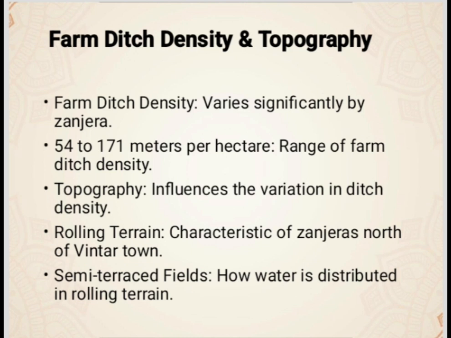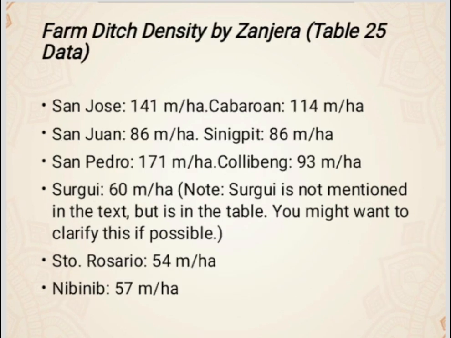So next is the farm ditch density by Zanzara, Table 25 data. So in this slide, San Jose has 141 meters per hectare, Cabarroan 114 meters per hectare, San Juan 86 meters per hectare, Sinigpet 86 meters per hectare, San Pedro has 171 meters per hectare, Colibeng 93 meters per hectare, Surigui has 60 meters per hectare.